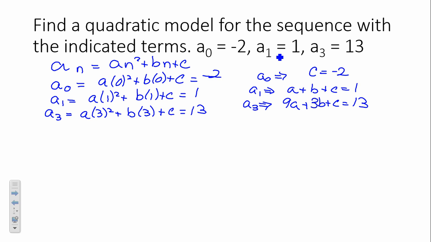So we know c, don't we? Let's sub it in. A plus b plus -2 equals 1. So adding 2 to both sides, a plus b will be 3.